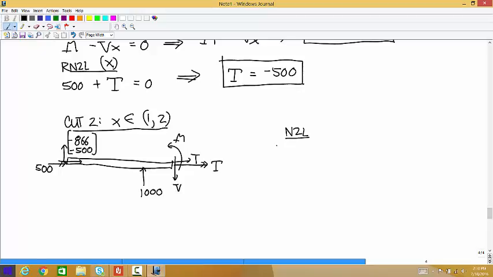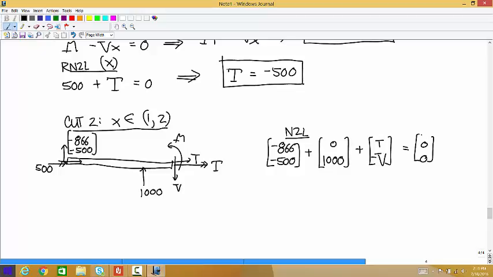So Newton's second law says negative 866, negative 500, plus 0, positive 1,000, plus T, negative V, just lumping those two together, is equal to zeros. So T is equal to 866, and V is equal to positive 500.